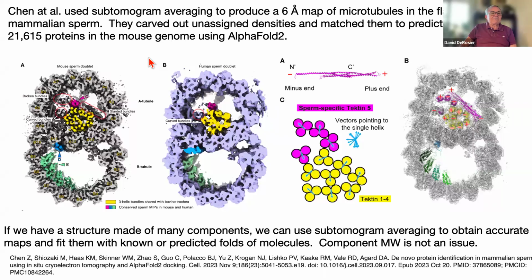This is really quite remarkable. So if we have a structure made of many components, we can use subtomogram averaging to identify them and produce atomic models. And of course, in this case, the molecular weight of the component is not as much of an issue. This is a recent paper. It's really quite amazing what can be done.